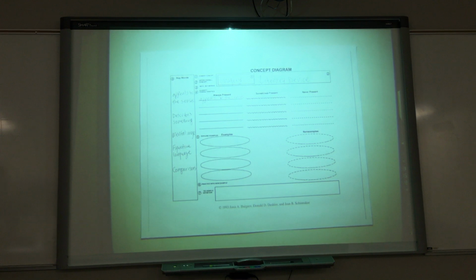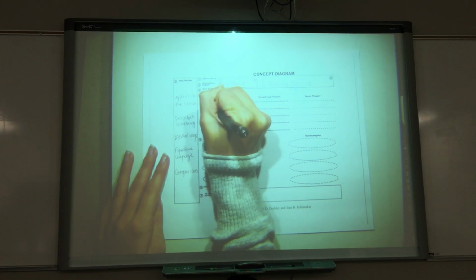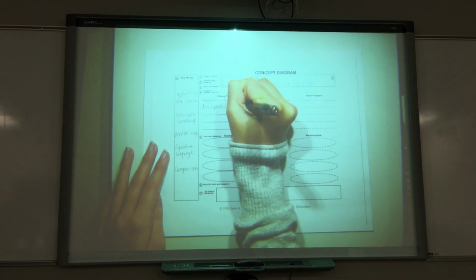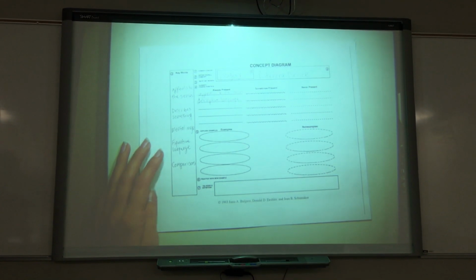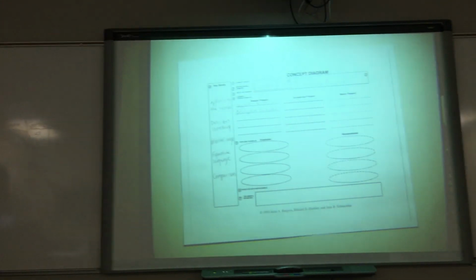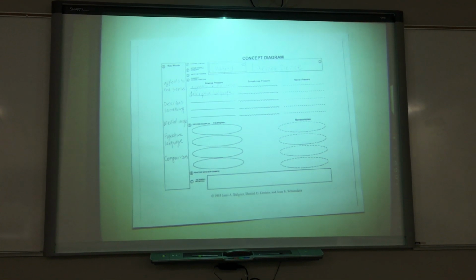Next, imagery always uses descriptive language. So that's using things like adjectives to describe what we're talking about, and using more than just smells good. We want to use descriptive words like, what does good mean?